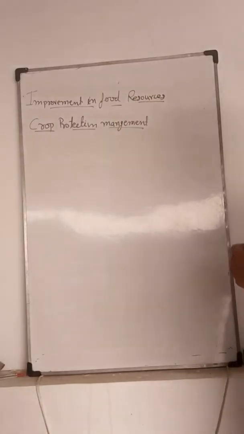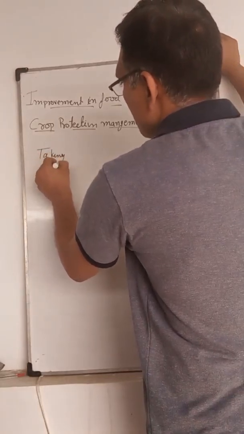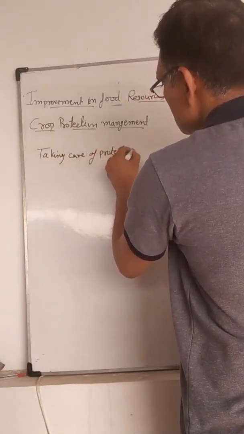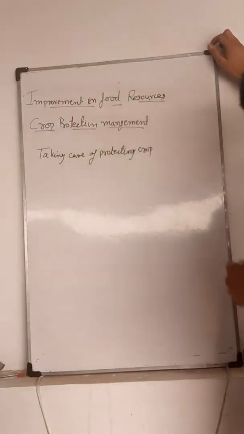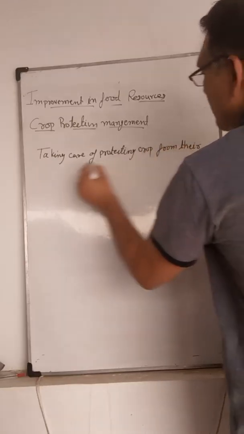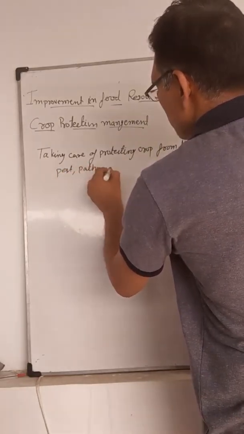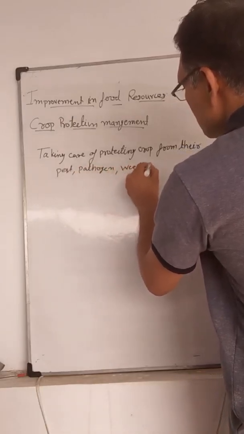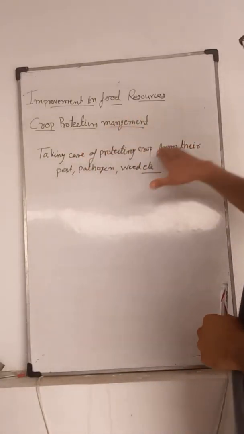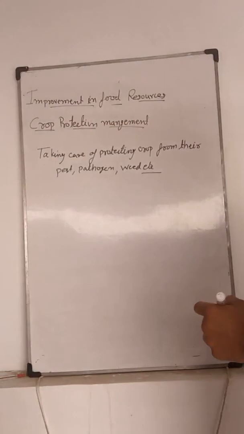Crop protection management is taking care of protecting crops from their pests, pathogens, weeds, etc. That is known as crop protection management.